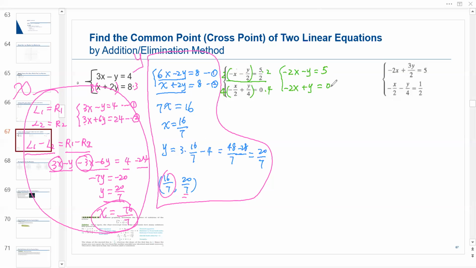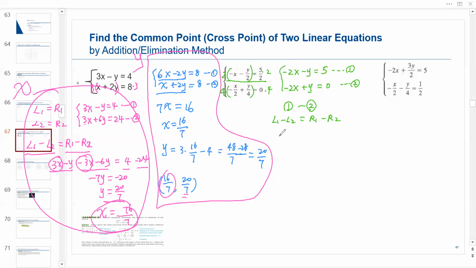Let's say equations 1 and 2. First, we make x disappear. So 1 minus 2 means left 1 minus left 2 equals right 1 minus right 2. Left top minus bottom.